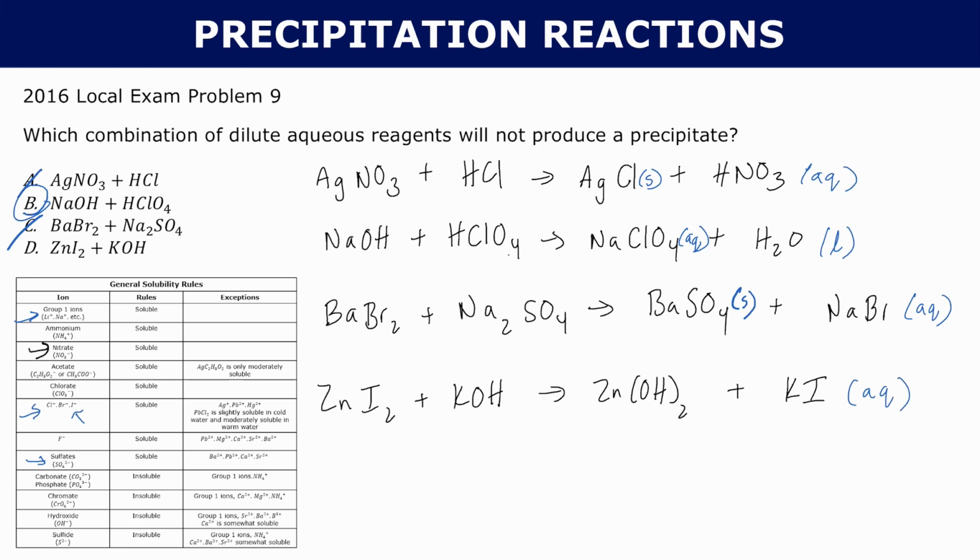But then we have zinc with hydroxide. If you look at the rules for hydroxide, hydroxide is always insoluble unless it's with a group 1 ion, strontium, barium, and calcium is also somewhat soluble. However, zinc isn't any of these, so that means zinc hydroxide is going to be a solid. And D is not the right answer, so our answer of B was right all along.